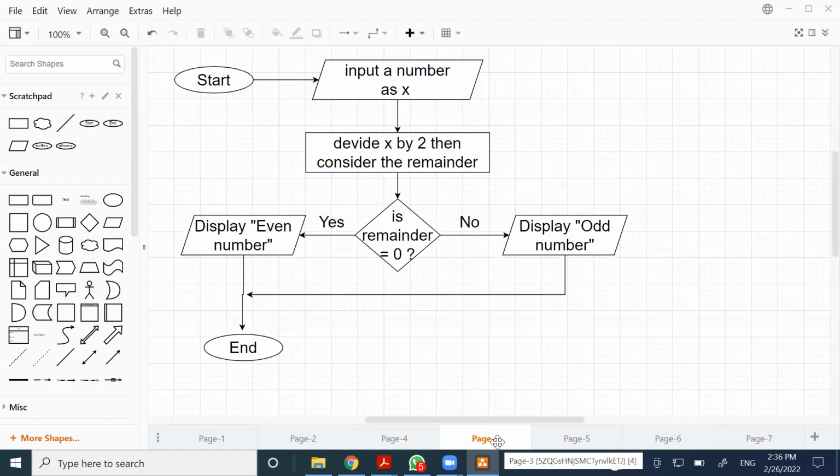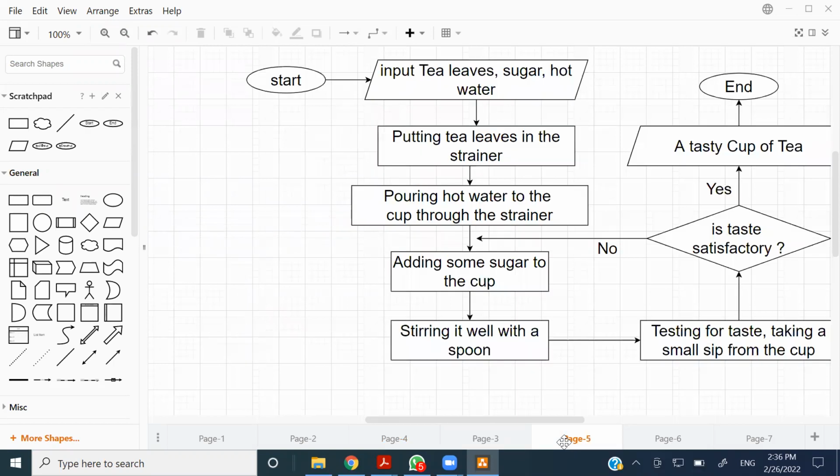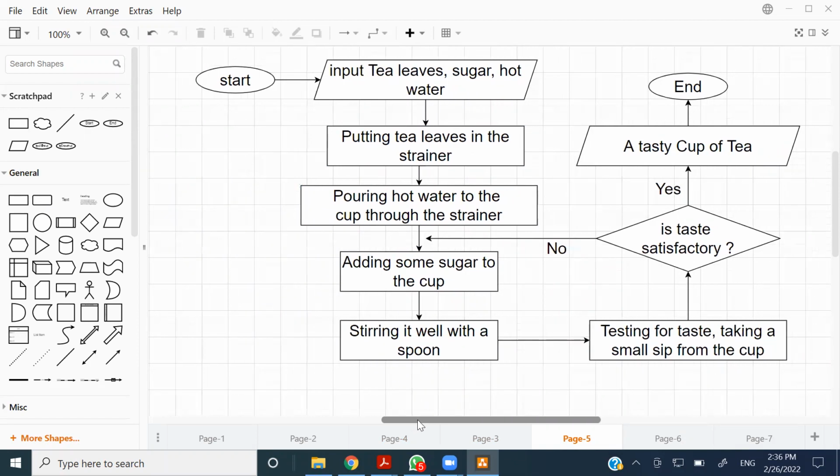And we went on figuring out the even number, odd number representation for a given particular value. And then we started to discuss the iteration, right? So for the iteration, we took the very first example that we had, which was creating a cup of tea.